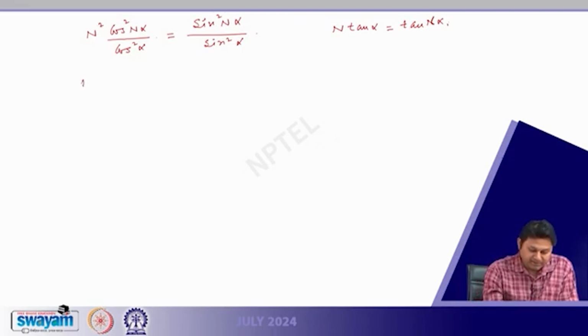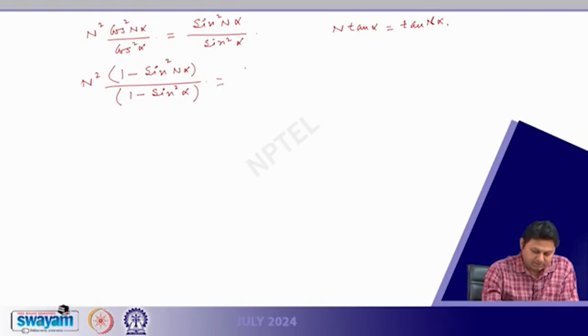These things again I can write like n square into, for cos square, I write 1 minus sin square n alpha, and for cos square alpha, I write 1 minus sin square alpha.